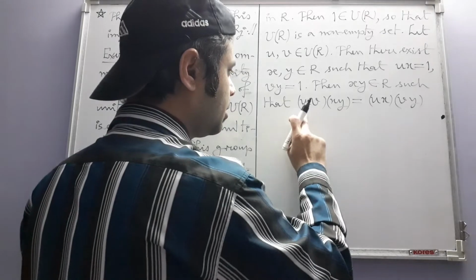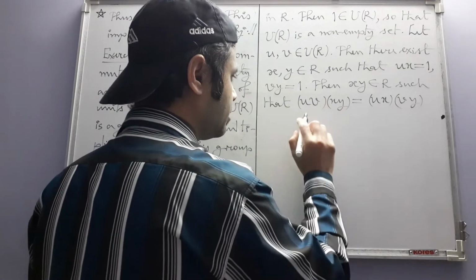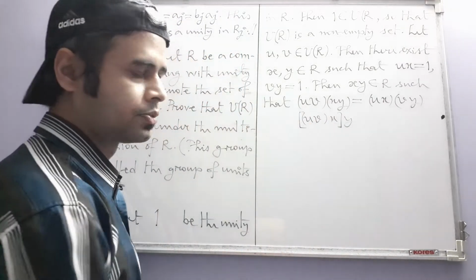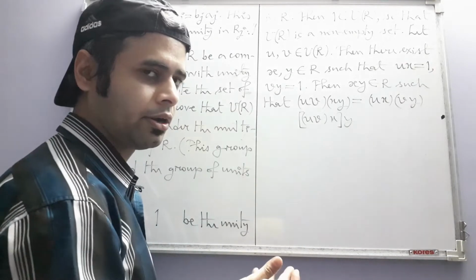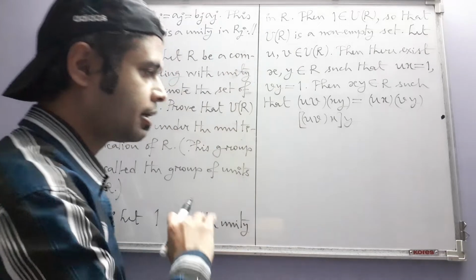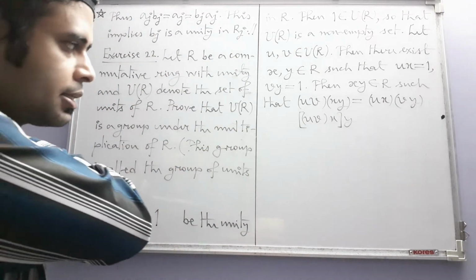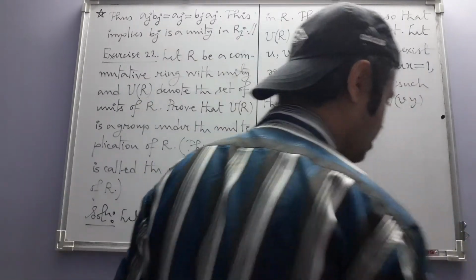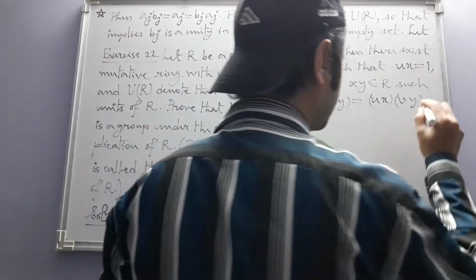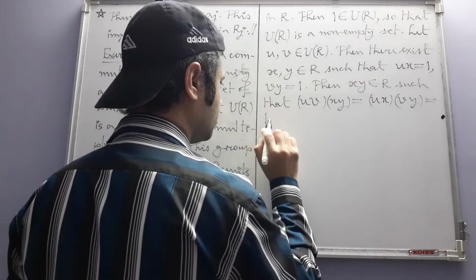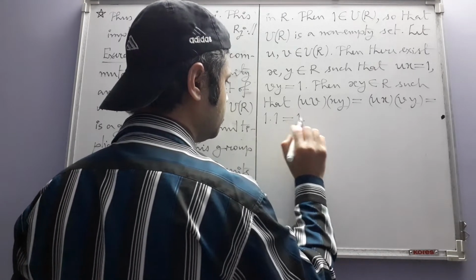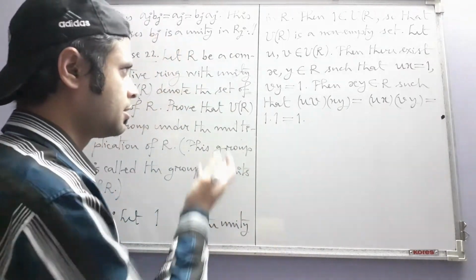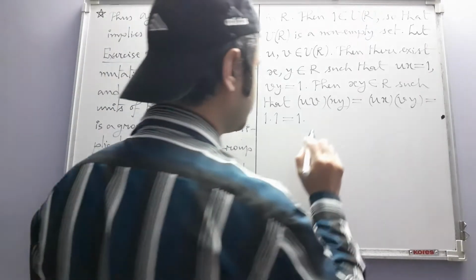For example, you will first write like this: uv x and then y. Here you have used associative law once, and then you use it again, and then use commutative law to change the order and such things. You know what we have done here. There are many intermediate steps, but they are routine and we are not writing those things. So this is 1 times 1, so that is equal to 1. And this also shows that xy uv is equal to 1. Since the ring is commutative, we are not mentioning those things.